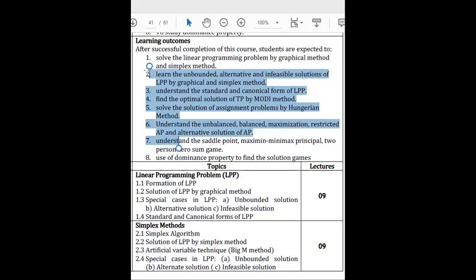Then the next outcome is from game theory. You will be able to understand saddle point, maximin, minimax principle to solve the game, 2-person zero-sum game. And finally, you can use dominance property to find solution of the games.